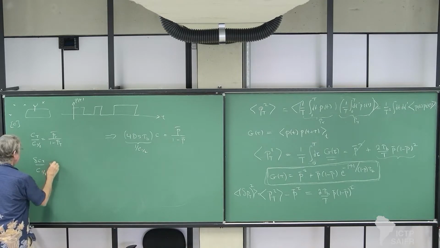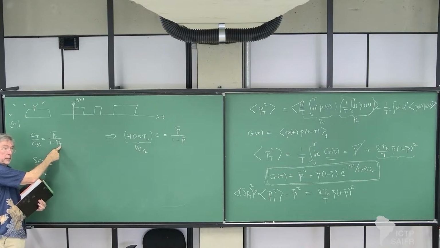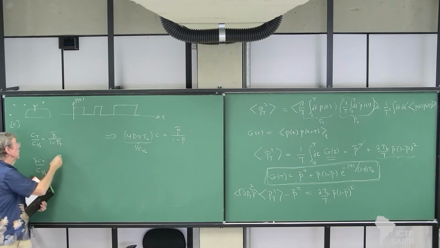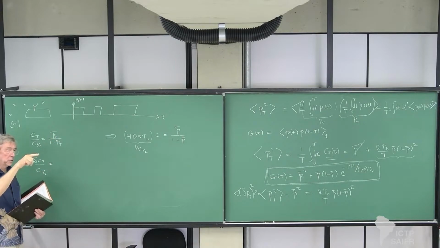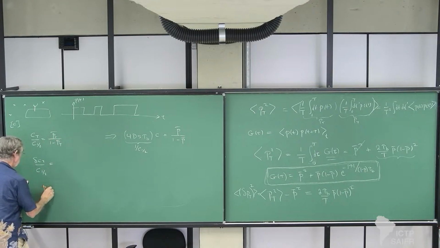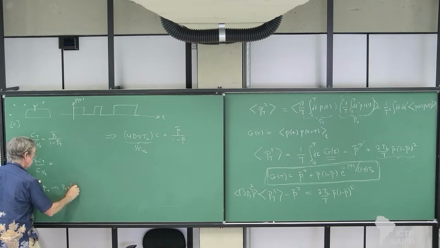Well, all I have to do is differentiate this with respect to PT, right? In other words, by how much does this right-hand side change if I replace PT by PT plus delta PT?